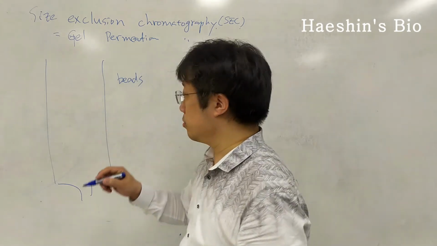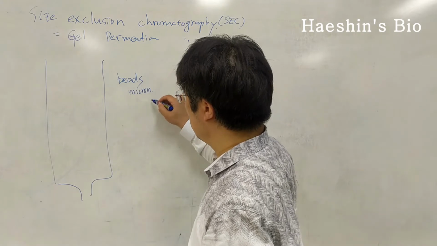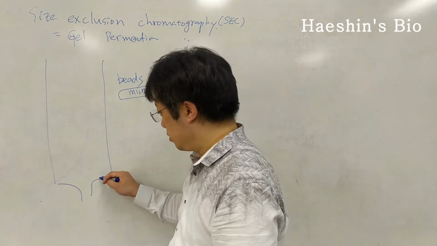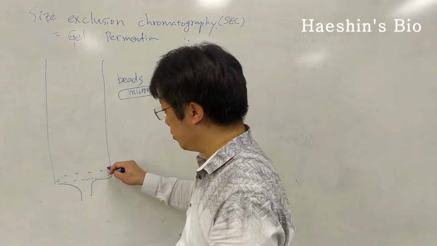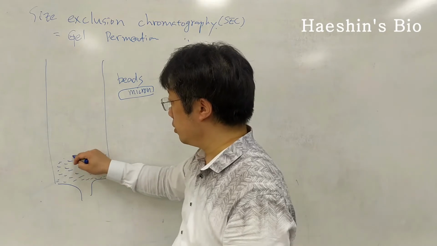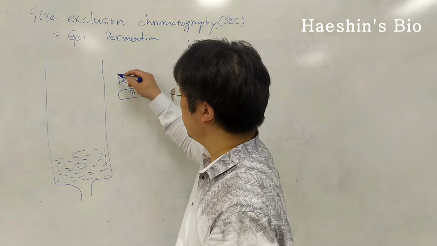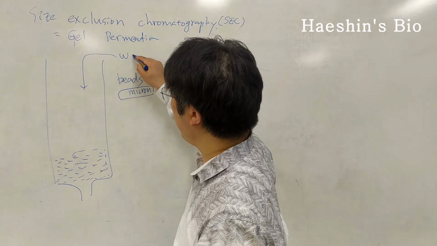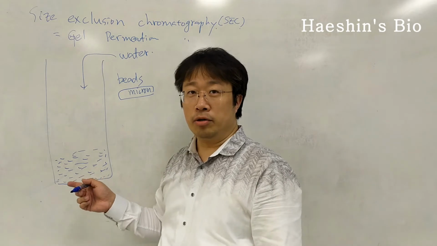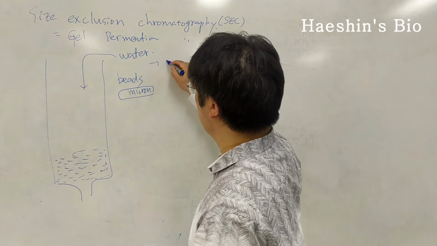We take beads, which are micron size, put them in this long and big column, and then we put in water, and this initially powder is swelled. It's called swelling.